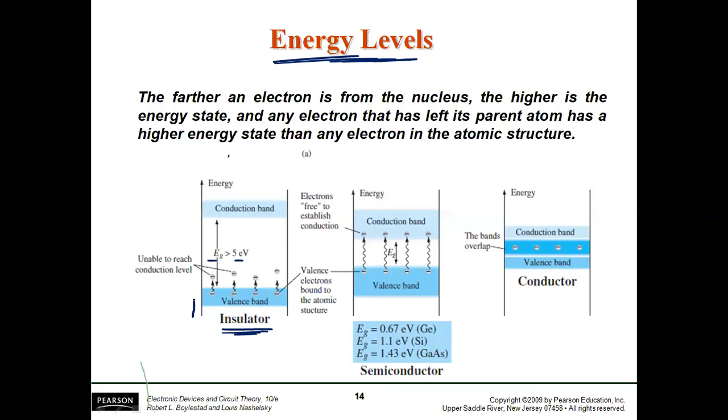This vertical axis represents the energy level, increasing level of energy. So this represents the valence band, a very low amount of energy. This represents a high amount of energy, and we named it the conduction band. And in between, we have a forbidden gap.